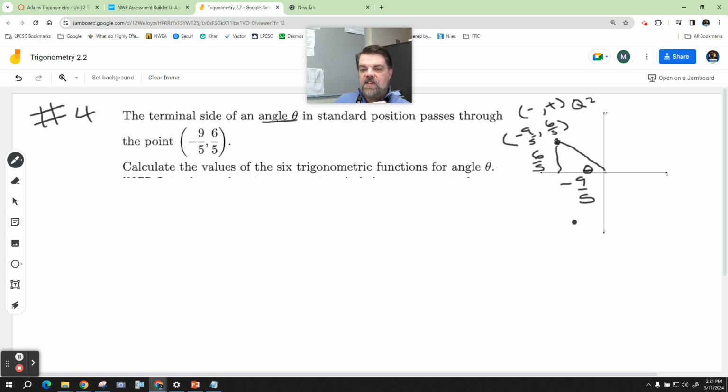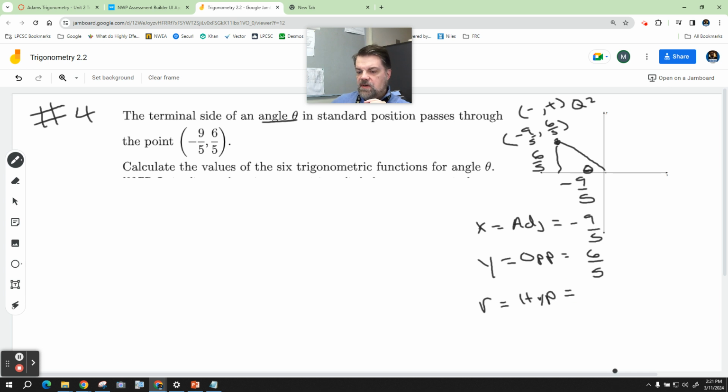So your x value is technically your adjacent value, and that's -9/5. Your y value will always be your opposite value, and that's currently 6/5. And then r is your hypotenuse, which is the radius of the circle.